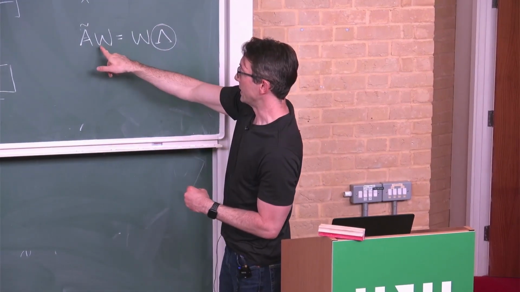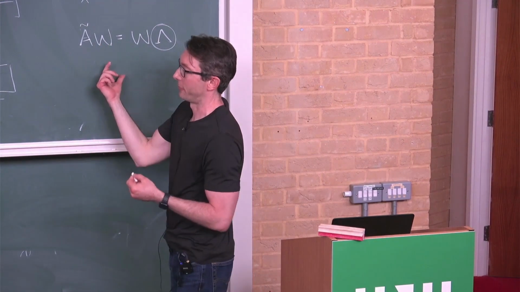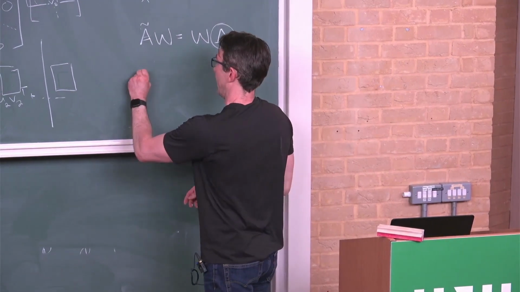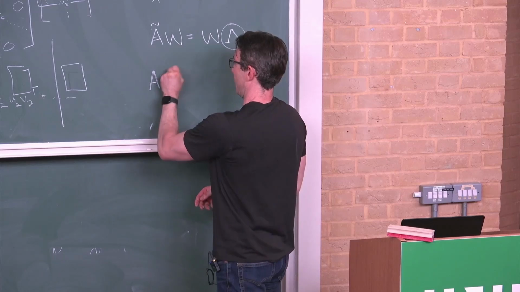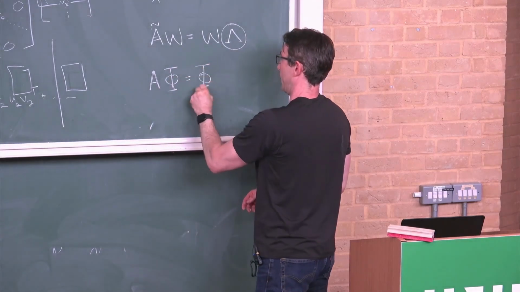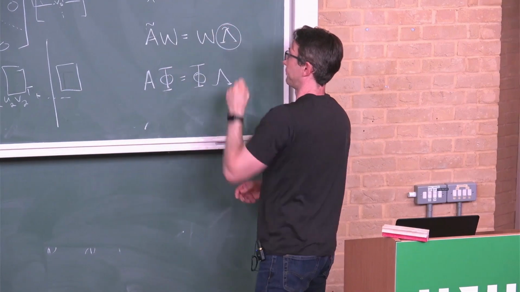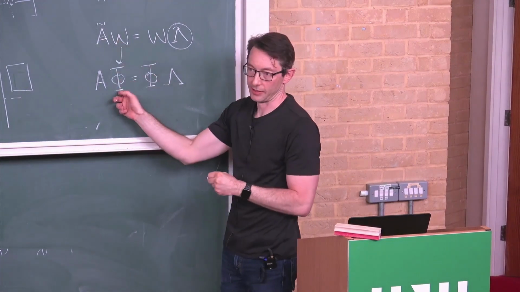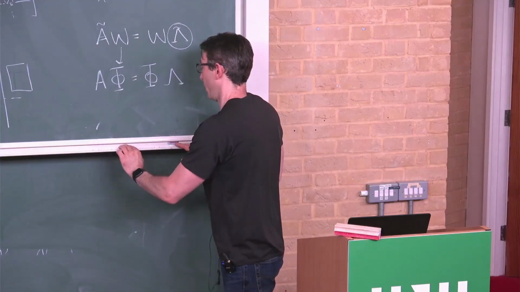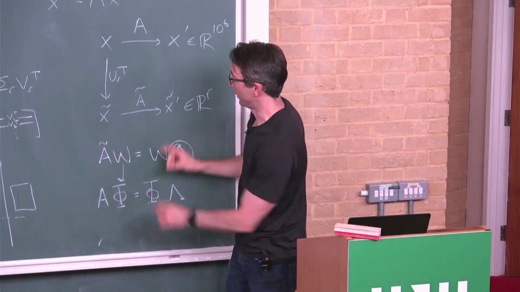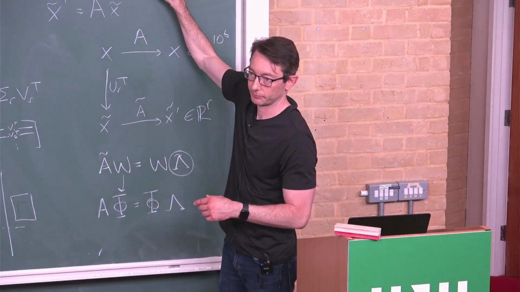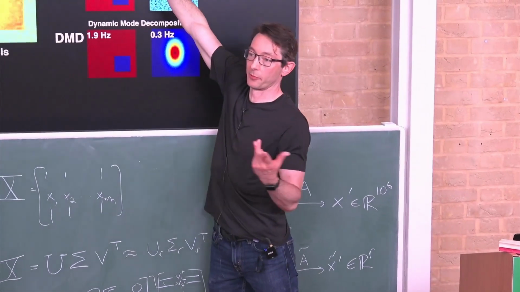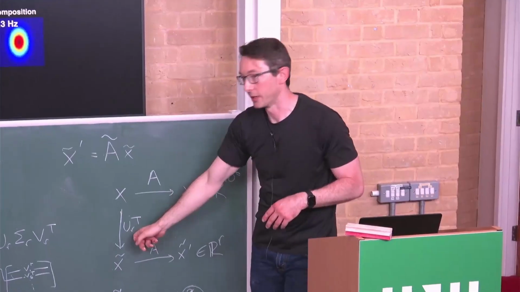And that if you use these W, there's a formula to go from these W to these eigenvectors up here. So there's big A, let's call it Phi equals Phi big Lambda. When you go from these W, there's a formula to go from these eigenvectors to these eigenvectors. But the long story short is that we're always working in this projected subspace. Okay. And the projected subspace comes from the principal components. That's the U_R transform space.